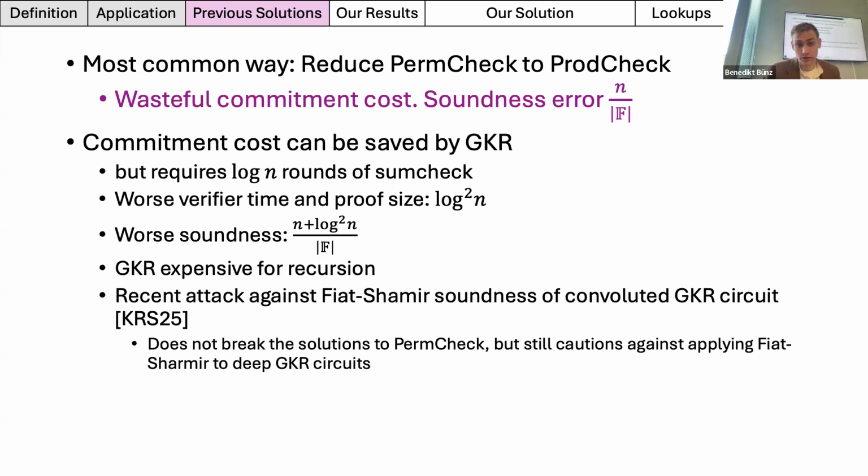This doesn't apply to the circuit that you would apply GKR to here, but it certainly makes us cautious about applying Fiat-Shamir to deep GKR circuits, and here this would be a relatively deep GKR circuit. It's not a deal breaker, this works, but it would be nice to get rid of that. Any questions?